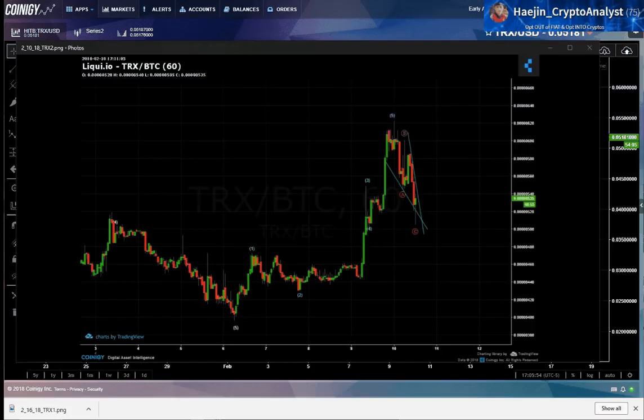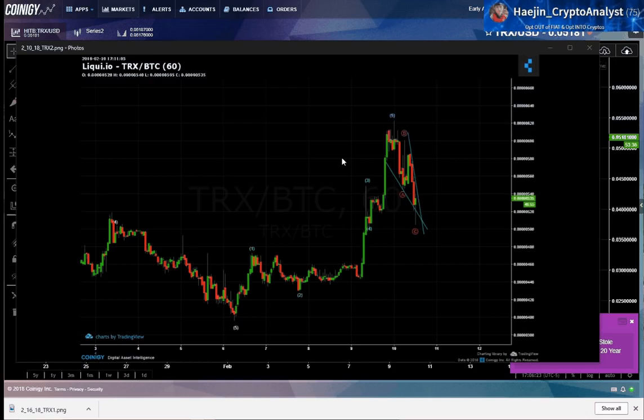Back about a week ago, I had counted here the micro counts of the initial rise of an impulse as 1, 2, 3, 4, and 5. And this was an ABC. And I had also drawn out a symmetrical downward pointing wedge to show the ABC.